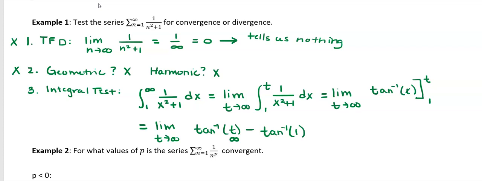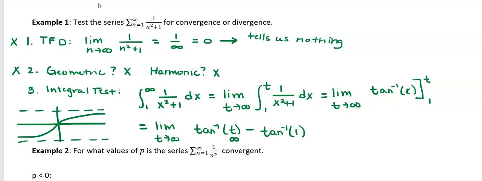So we need to think back to the graph of arctan for a minute. And remember, arctan has this shape to it with asymptotes happening at those values. And these values are pi over 2 and negative pi over 2.